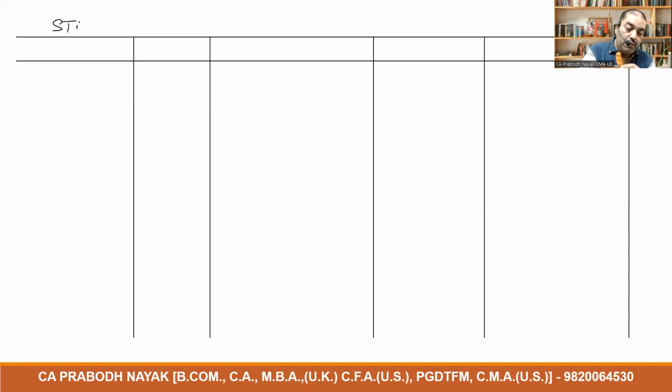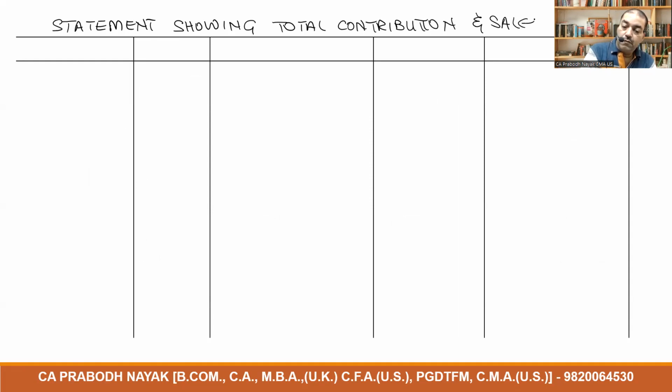So now what you can do is prepare a statement like this. Statement showing total contribution and sales. So here we'll write the stages.